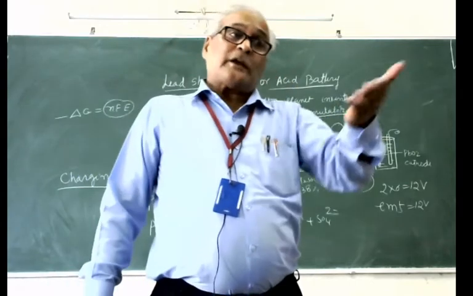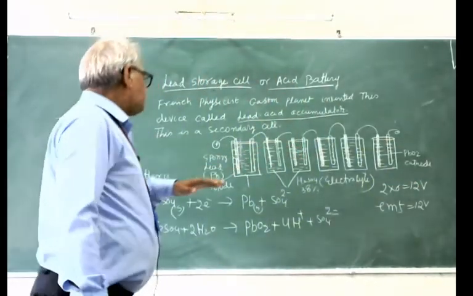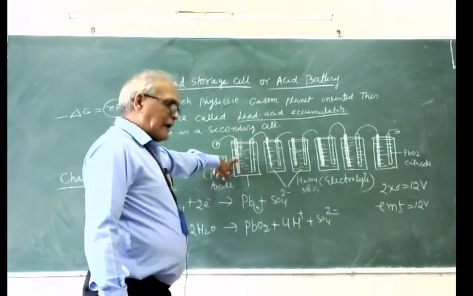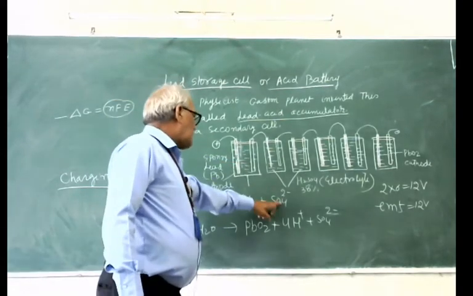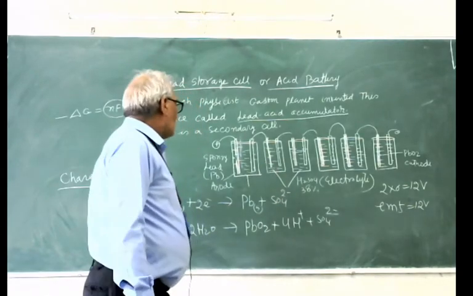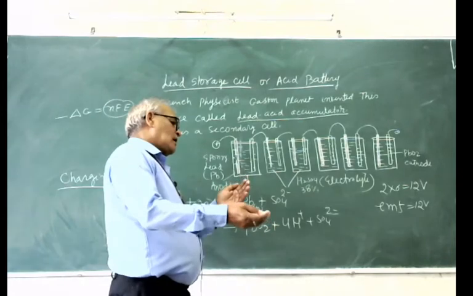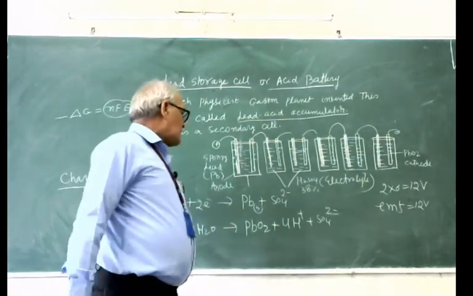in the discharge of the battery, you always have lead as an electrode here, the anode you say, and sulfate ion due to sulfuric acid. And when this chemical reaction takes place, you get electrons and electrical energy.